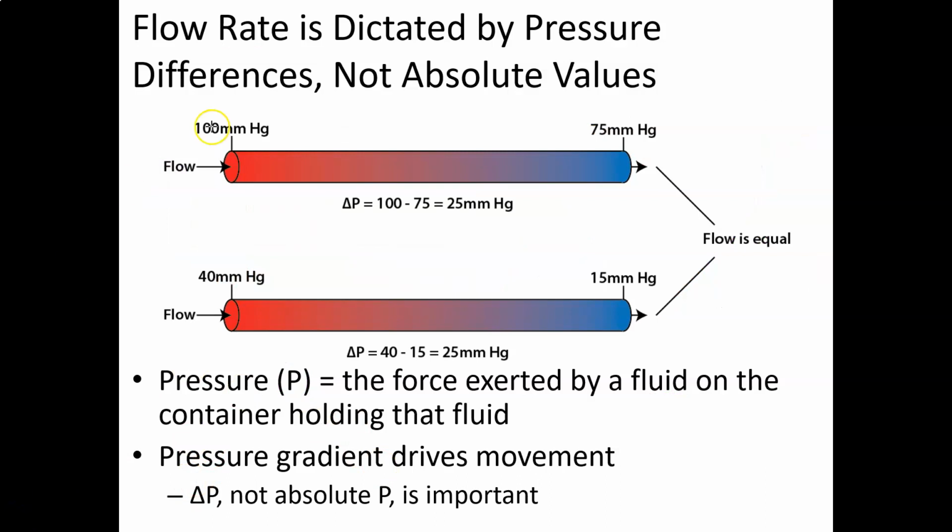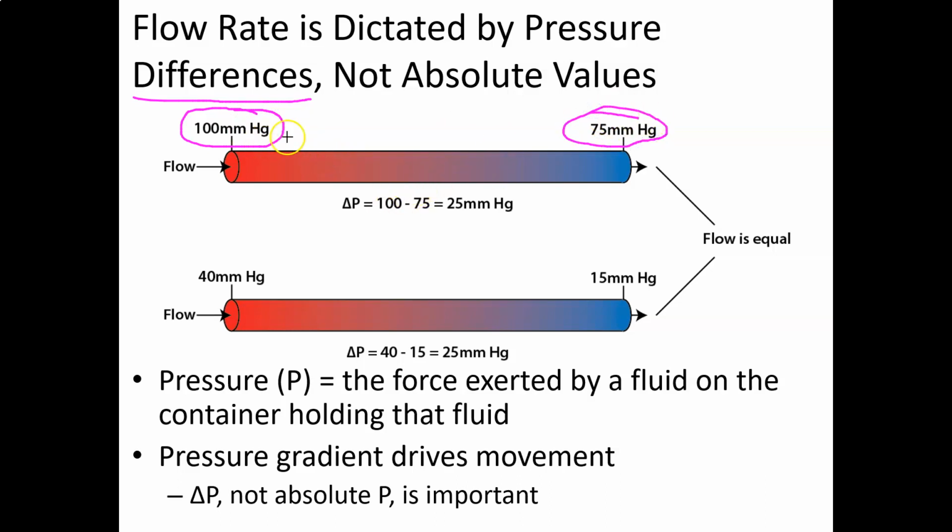So going back to the idea that flow is driven by pressure differences, here's a nice little exercise to look at that. Here is a blood vessel, and at the one end it has a total pressure of 100 millimeters of mercury, and at the other end it's 75.